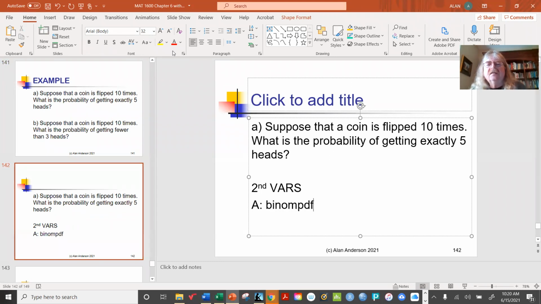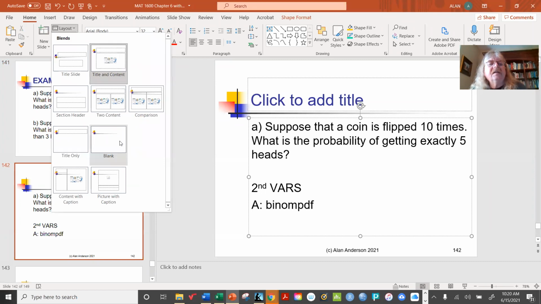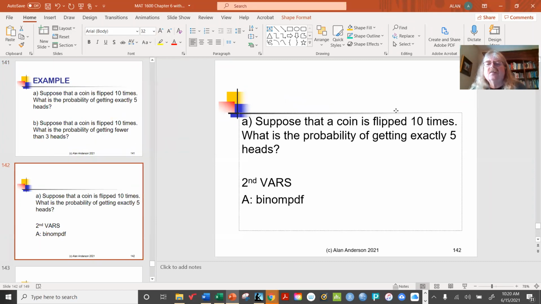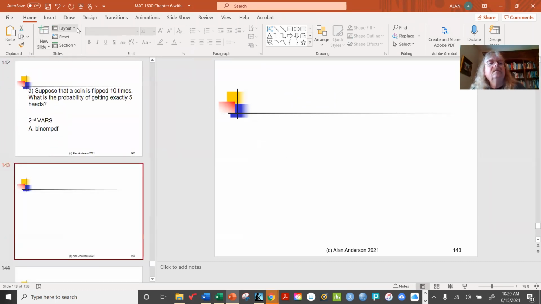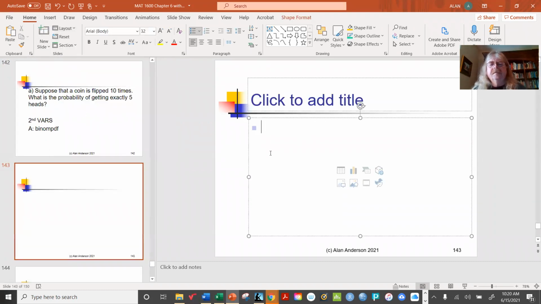And then when you get there, you'll see everything's exactly the same as what we were doing yesterday. So it'll ask you for the number of trials, which is 10. And P is 0.5, of course, because we're looking for the probability of a head.